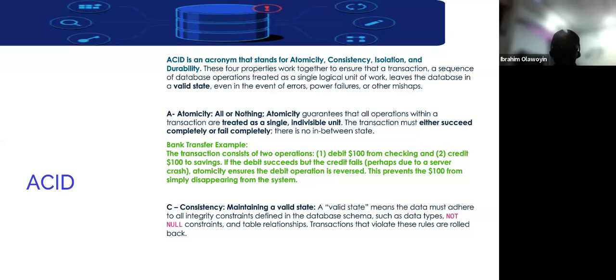Does it make sense? If I want to transfer money from point A to point B, expectedly, a database should be robust enough to ensure that my transaction either succeeds completely or fails completely.